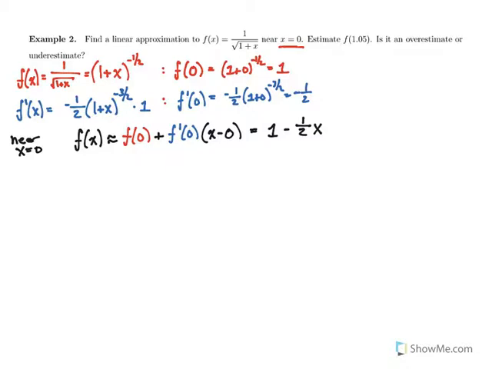And I realize we shouldn't have f of 1.05 here, but how about f of 0.05? That's a little bit closer to 0. We could do 1.05. It just wouldn't be a great approximation, maybe.